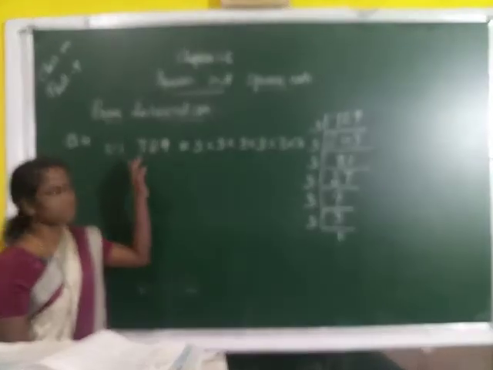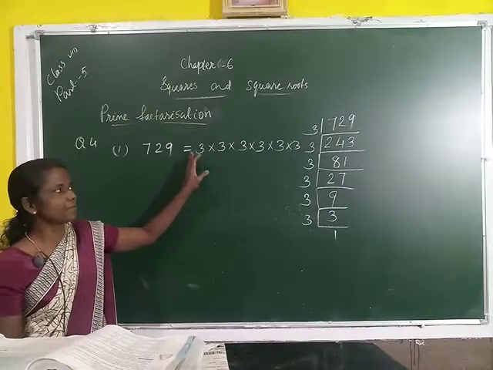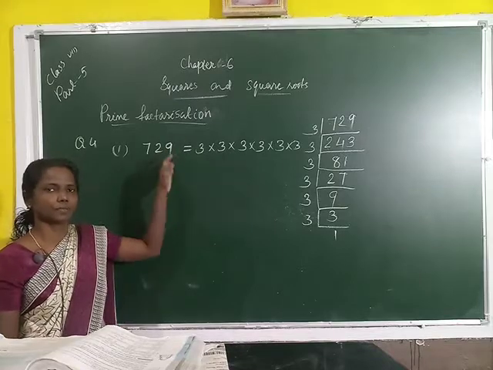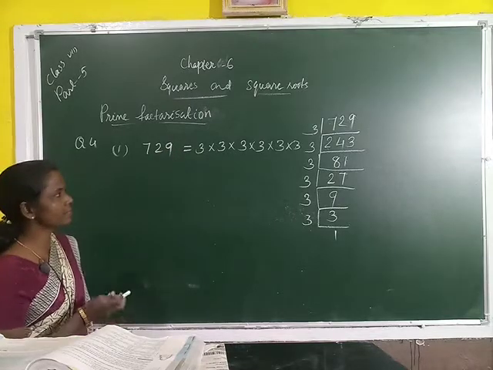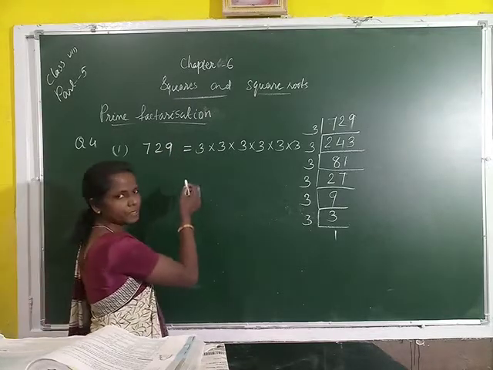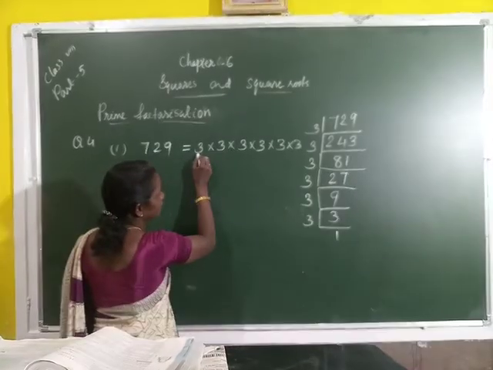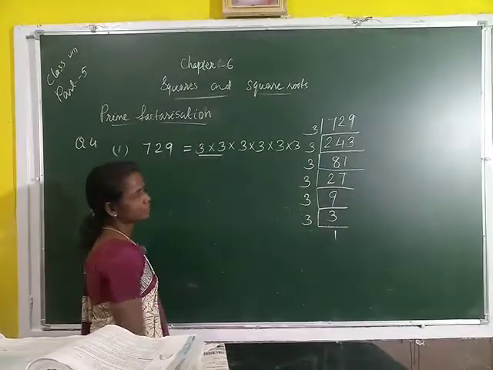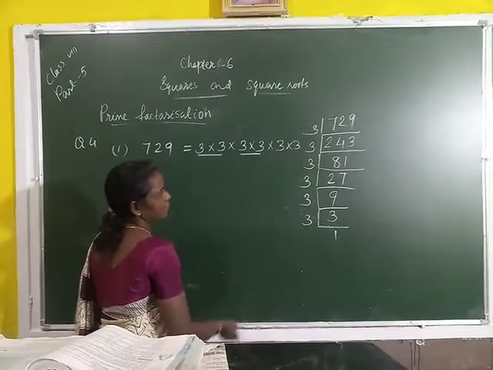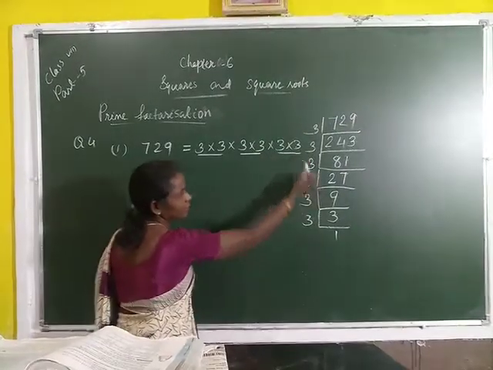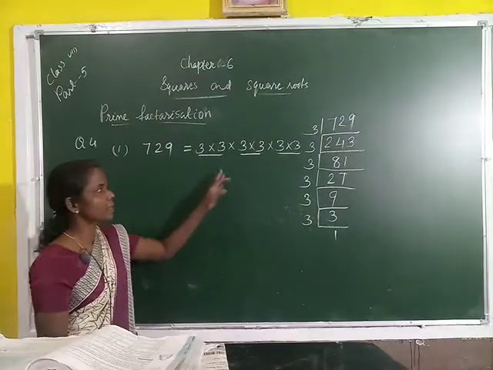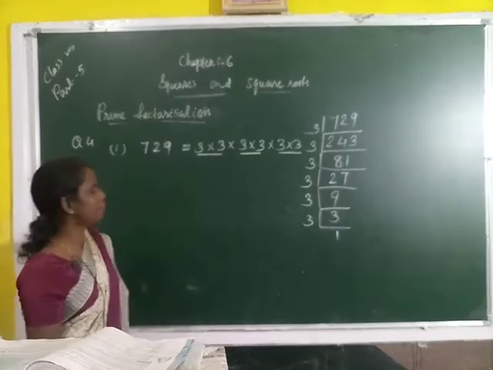Then the first step is we find the prime factors of the given number. Then next we make pairs of these factors. Then 1 pair, then 2 pair, then 3. In total, how many pairs? 3 pairs.